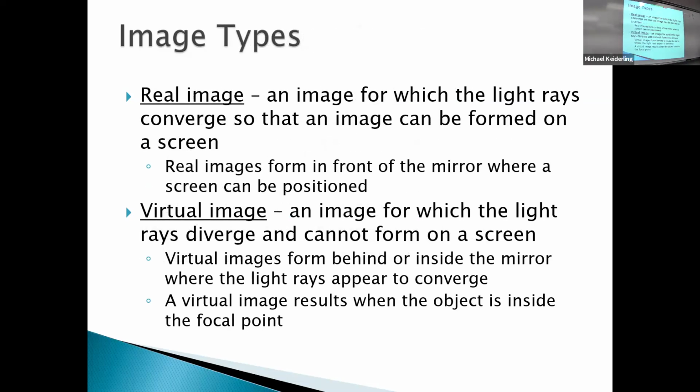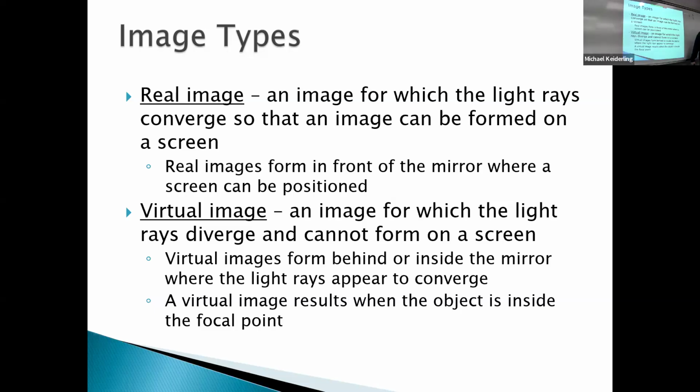Let's go over the types. Real images are images for which the light rays converge, so you can form an image on a screen. There is actually light at the location of a real image, hence why they're on the near side of a mirror. Virtual images are images where the light rays diverge and cannot form on a screen. That's like the image behind a mirror that you see when you're looking at a flat mirror.